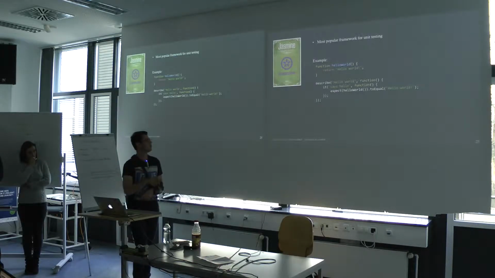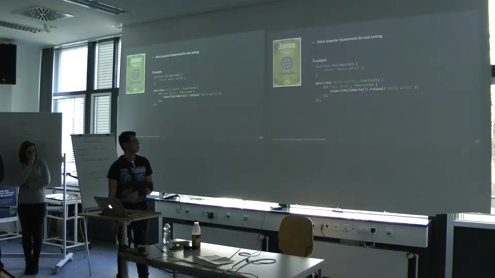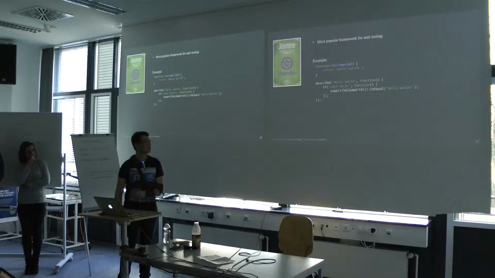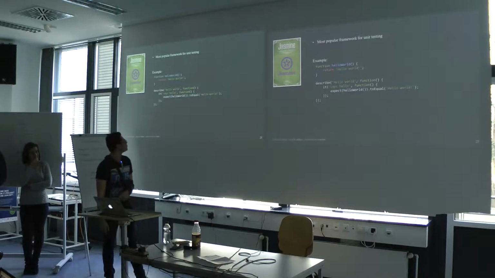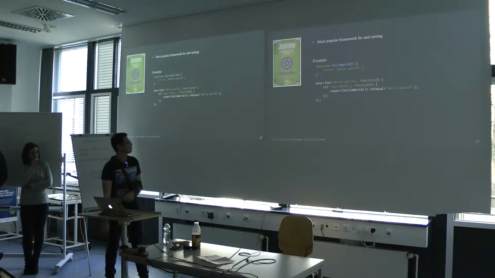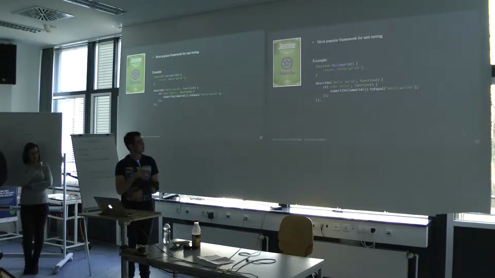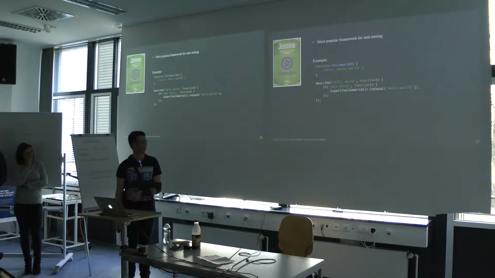You have a function, in this case the hello world function, and you have the same syntax as in Mocha, where you describe your test suite, and then you have these tests. In this case, we use the expect function on the hello world function, and this should equal hello world. And yeah, in this case, hello world and hello world are equal, so it will succeed.